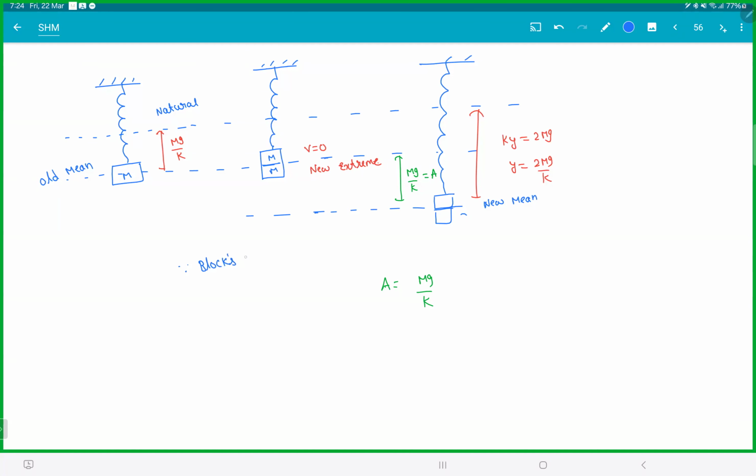That's it. If you use that logic, you'll get the answer fast instead of trying to use energy conservation and solve. Clear? Easy?